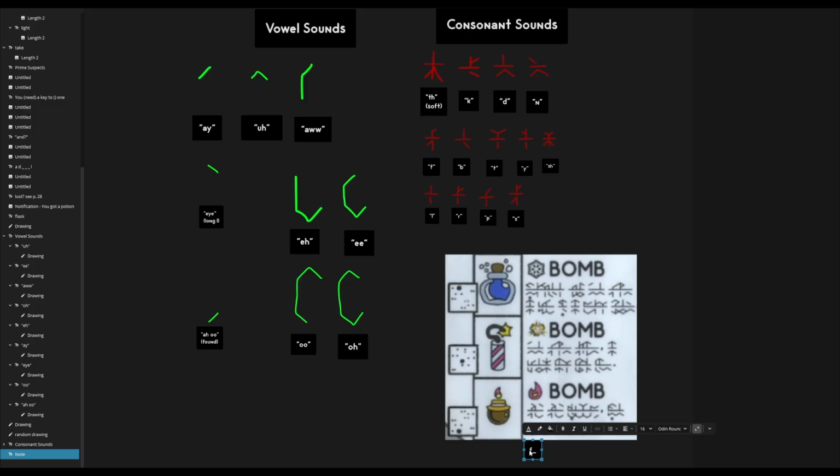So consonant. Huh. Right? What is that? It's bottom and an... Okay, well, that... First attempt, not great.